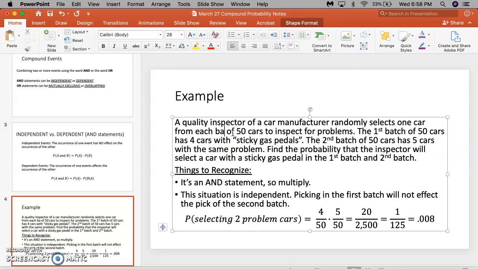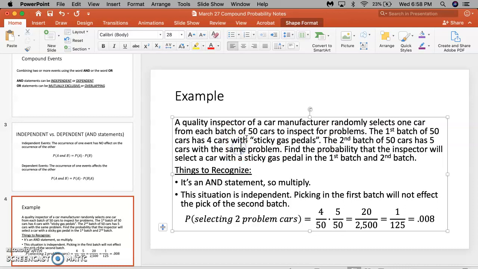He's going to look at the first batch of 50 cars. In that first batch, he has 4 that have sticky gas pedals, so it sticks and it's not really smooth to push down. The second batch of 50 cars has 5 cars that have the same problem.